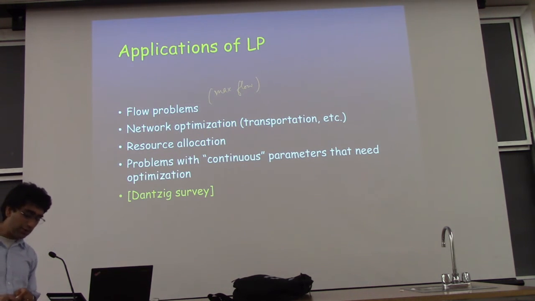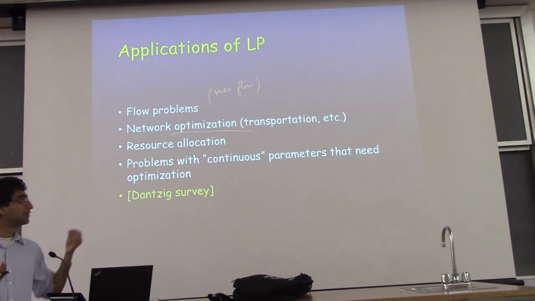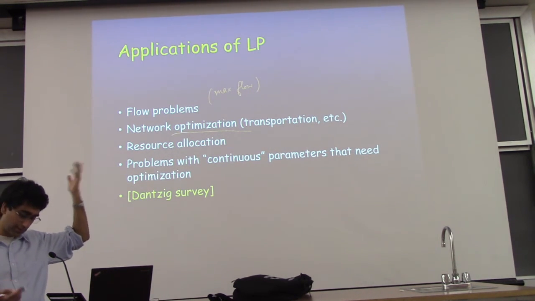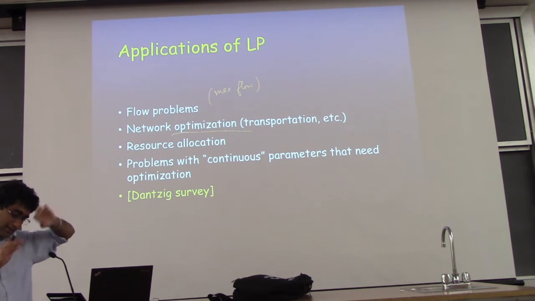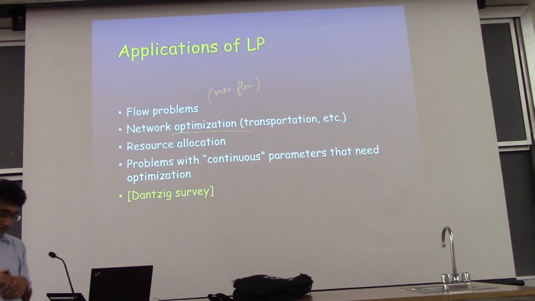But there are a lot of other network optimization problems, things about communication networks and so forth, which you can easily capture using linear programs. The same is true for things like routing in networks and so forth. We'll see one example of that.